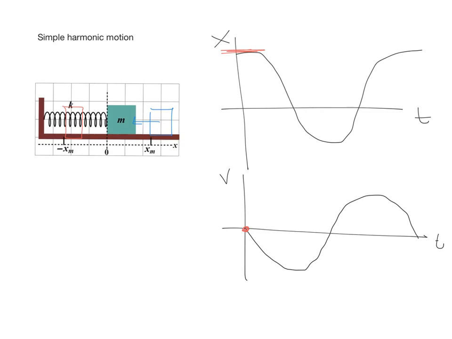Then the slope starts to increase negatively, so the velocity starts to increase negatively until we get to the maximum slope, which would be the maximum velocity. Then the slope decreases until it reaches 0, so here the velocity is decreasing until it reaches 0, and then it reverses. Here the slope is positive, which means we have a positive velocity, all the way again until we hit a zero velocity.